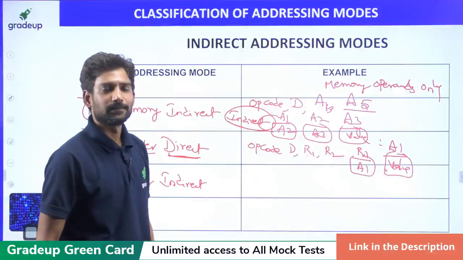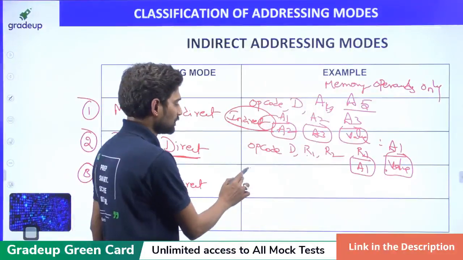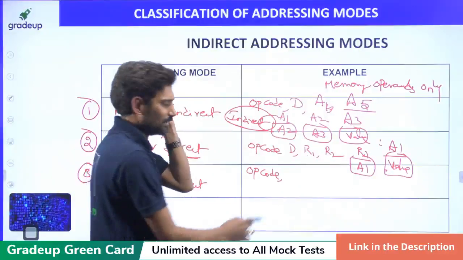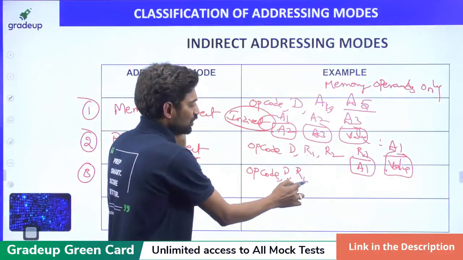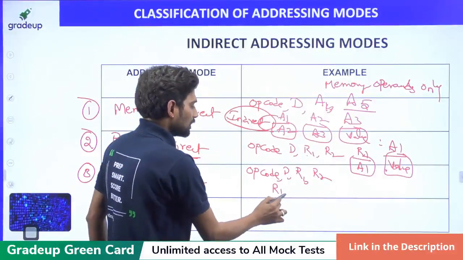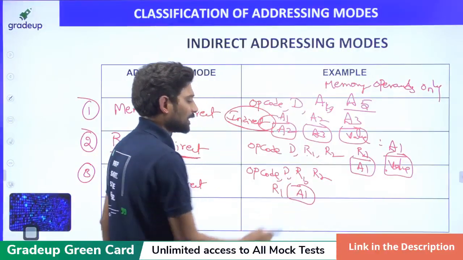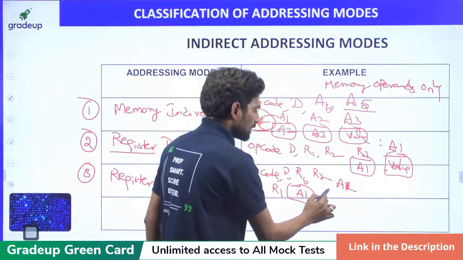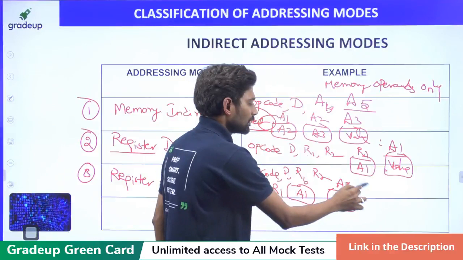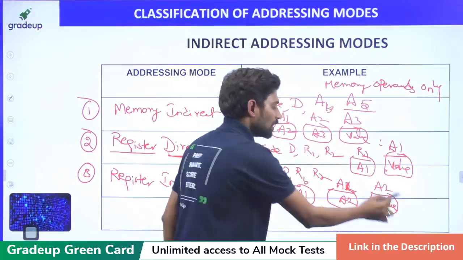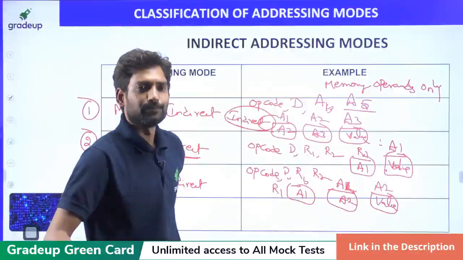Register indirect. What is register indirect? Now, I think by this time you could have understood what it could be. In the source operands R1 and R2, R1 has some address A1, A1 has some other address A2, A2 has the value.